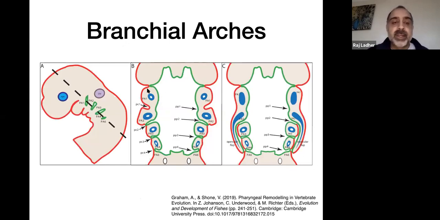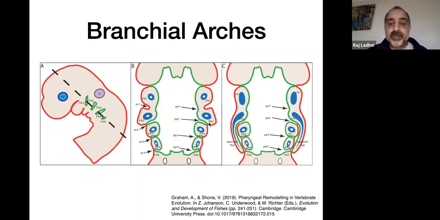This fundamental repeating unit, the branchial arch, can be modified by different genetic programs to give you slightly different phenotypes, and I'll show one mechanism by which that's possible in the next couple of slides.